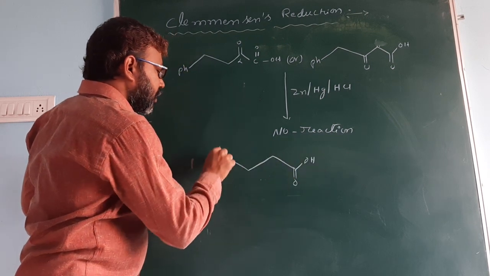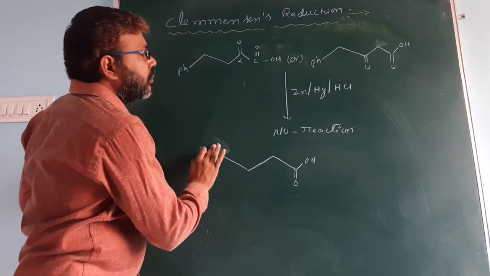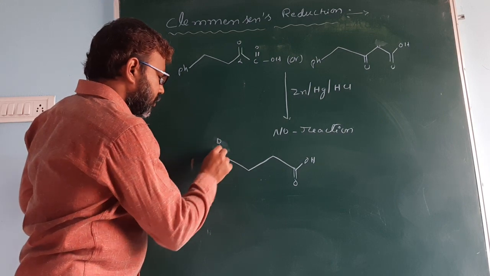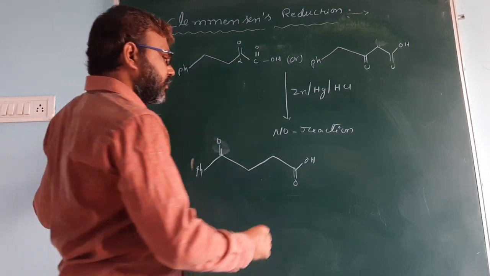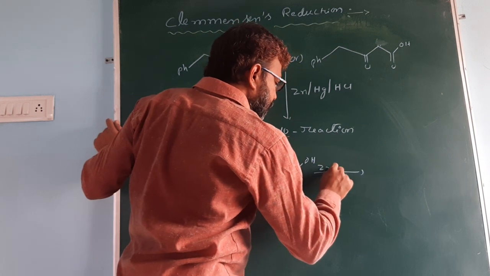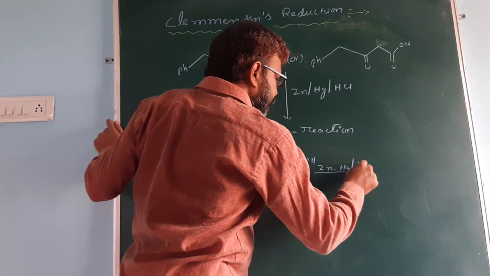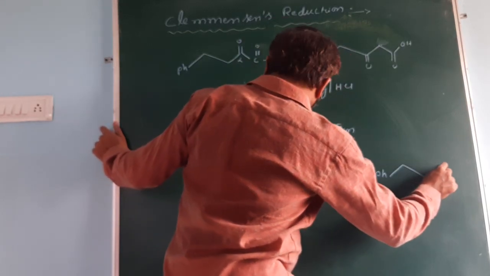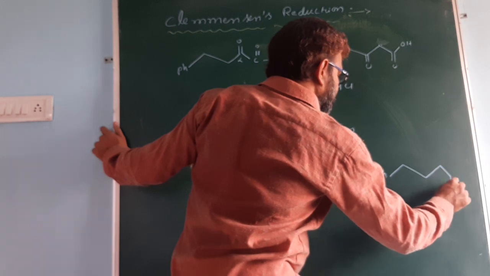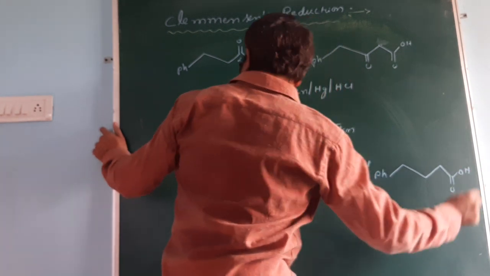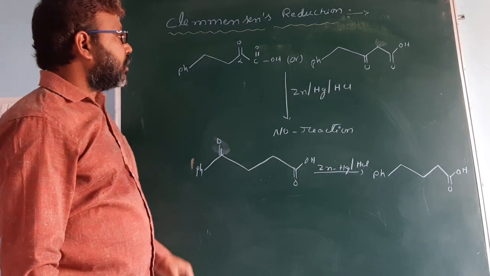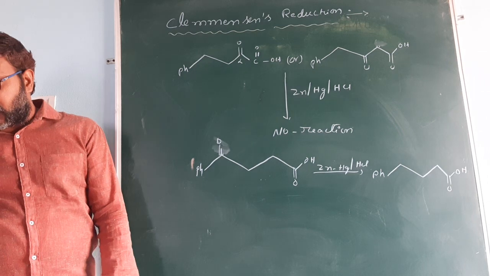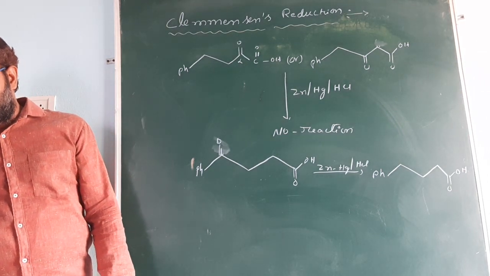So it is alpha, beta, this is alpha carbon, it is beta carbon. So it has phenyl ring, it undergoes Clemmensen reduction. When alpha beta ketocarboxylic acids undergo Clemmensen reduction, no reaction is observed.